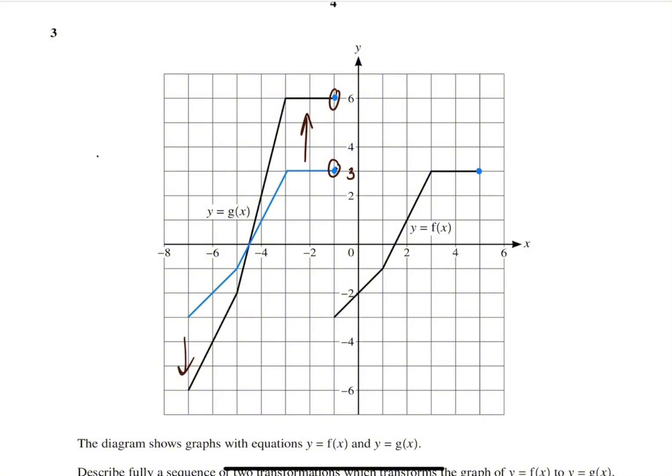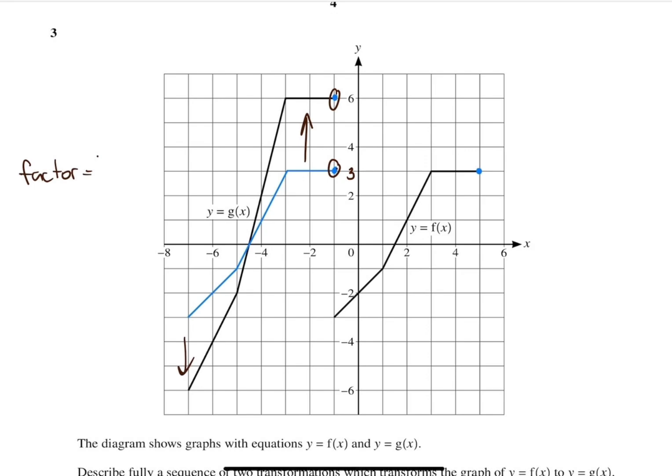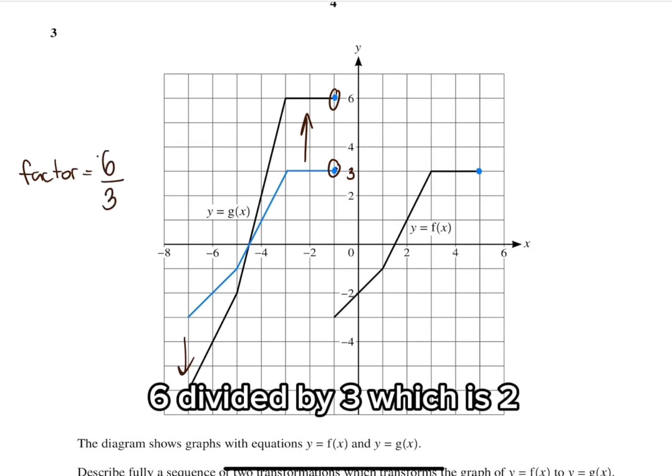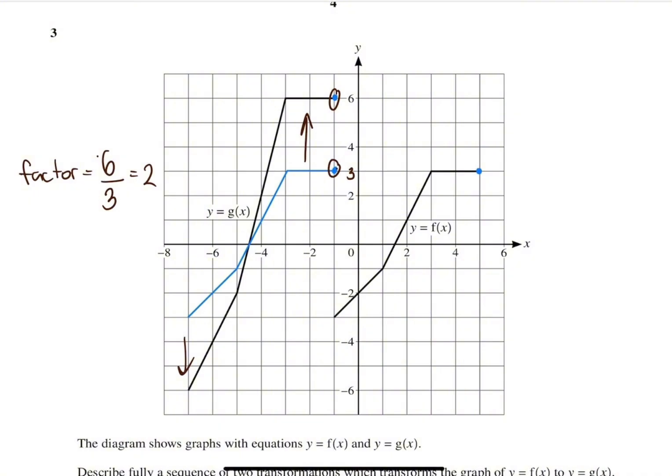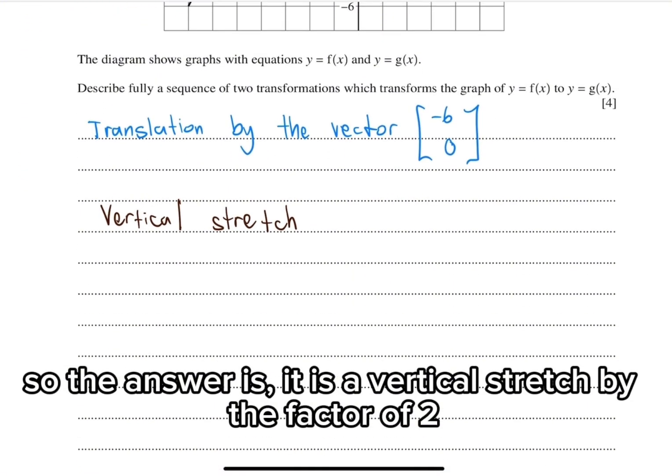So the factor would be equal to 6 divided by 3, which is 2. So the answer is, it is a vertical stretch by the factor of 2.